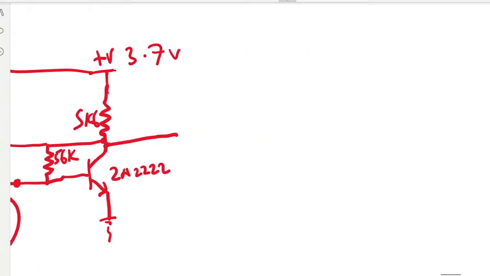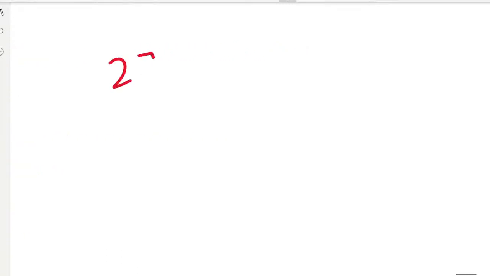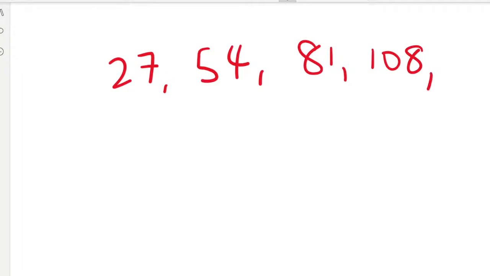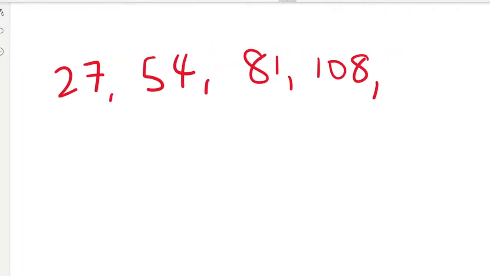So at 27, at 54, at 81, at 108, and then just add 27 there, so that's at 135, and so on and so forth. At all these frequencies, you receive the same signal.